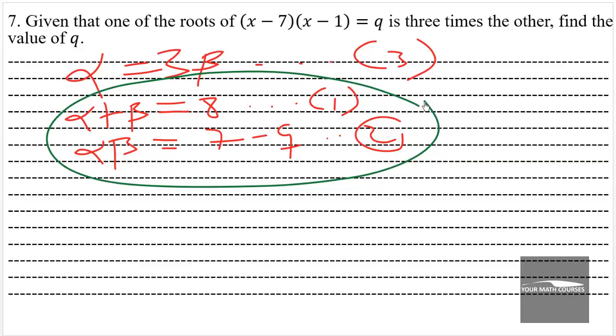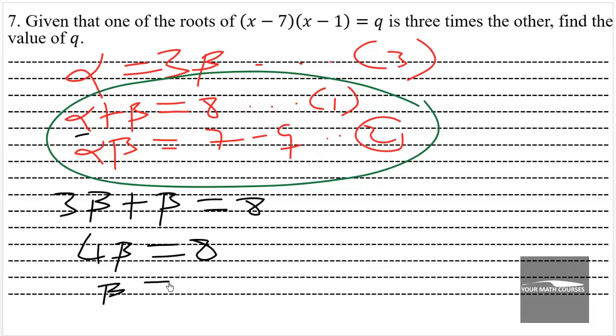So when we put 3 beta here in equation 1, we obtain 3 beta for alpha plus beta already there is equal to 8. So if that is the case, we have 4 beta is equal to 8. So beta will be equal to 2.